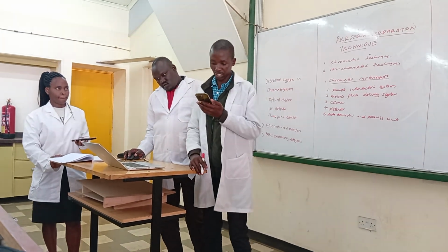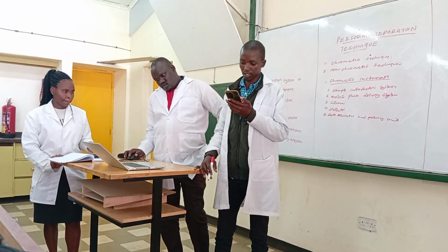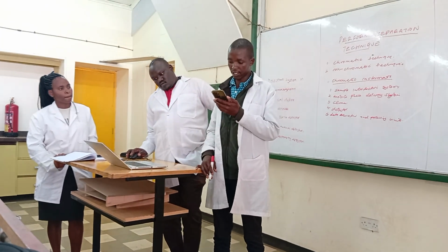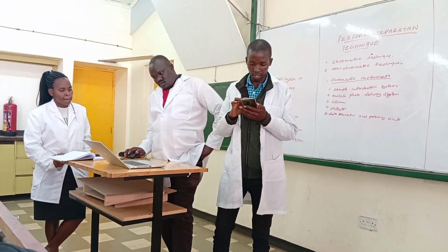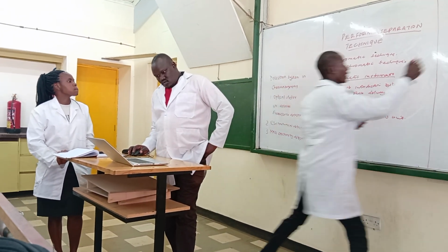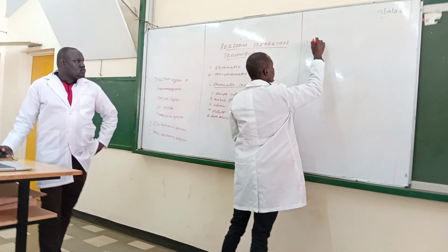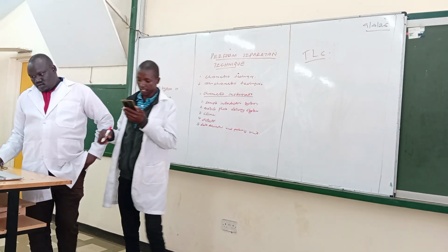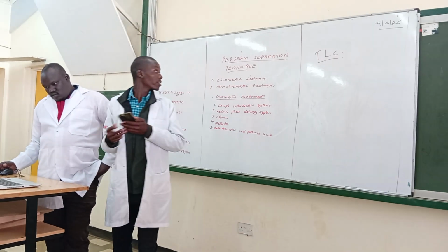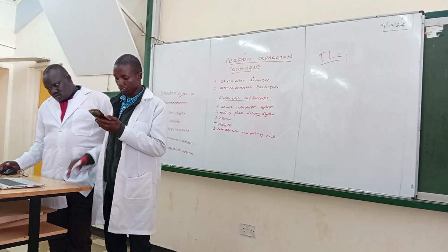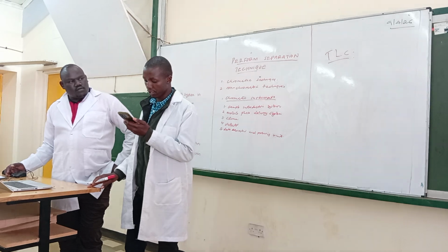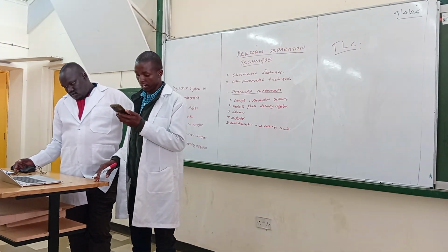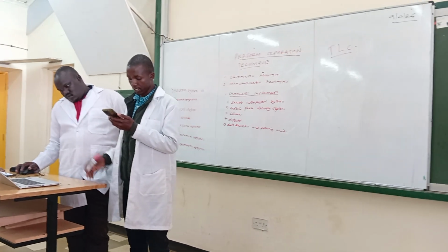After that, we are going to check on separation using TLC, HPLC, and GLC chromatography. TLC mostly deals with separation of components based on adsorption and solubility in liquid mobile phases.